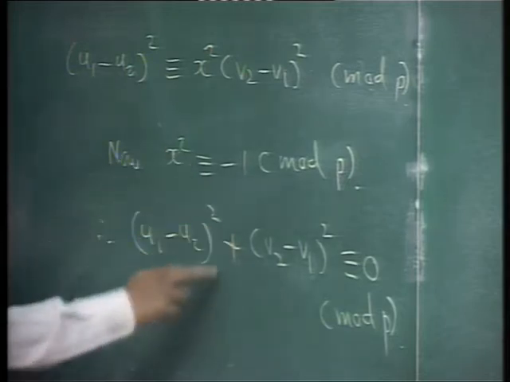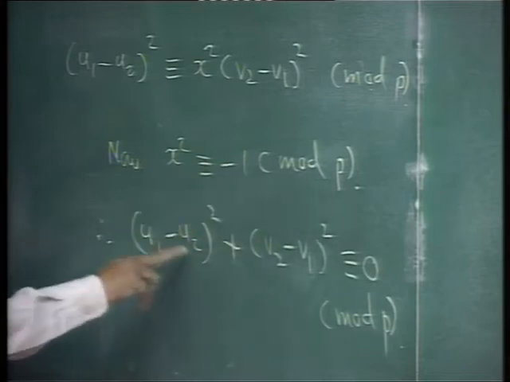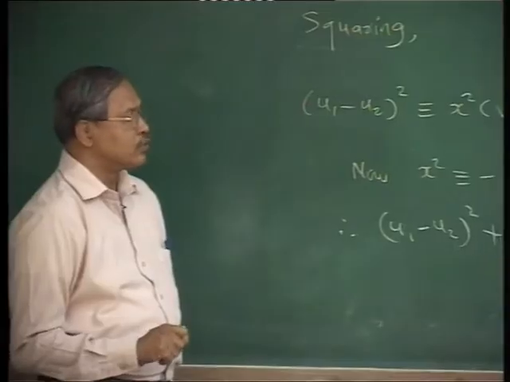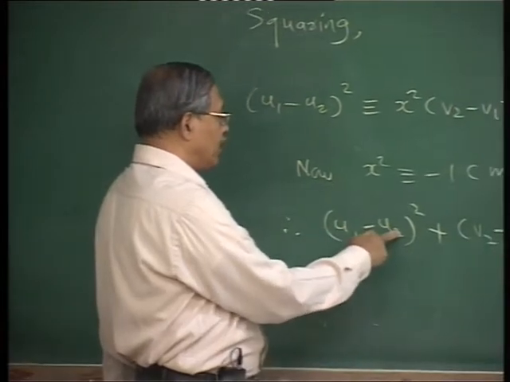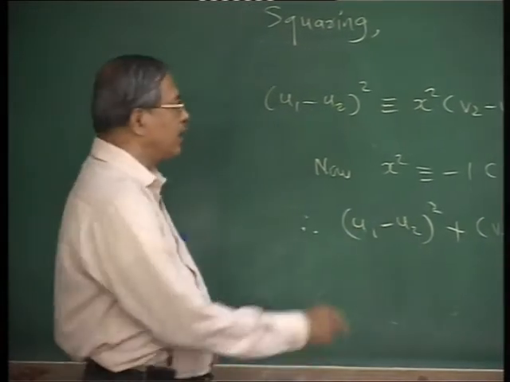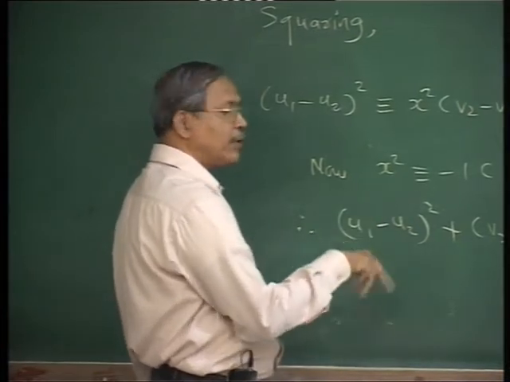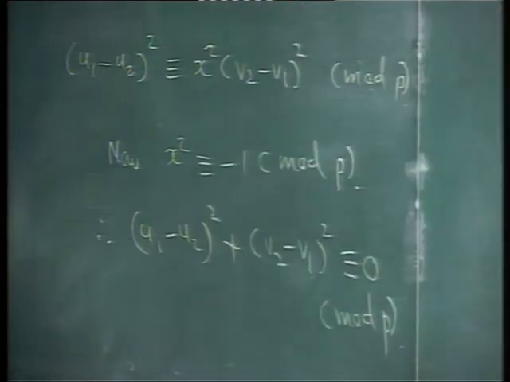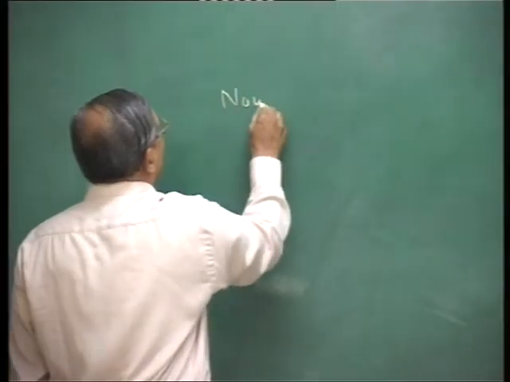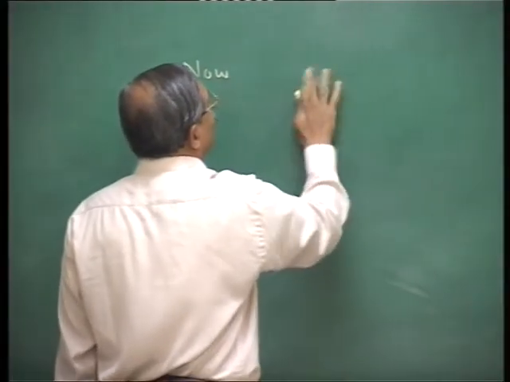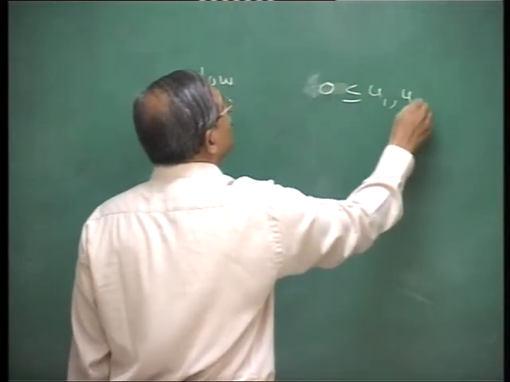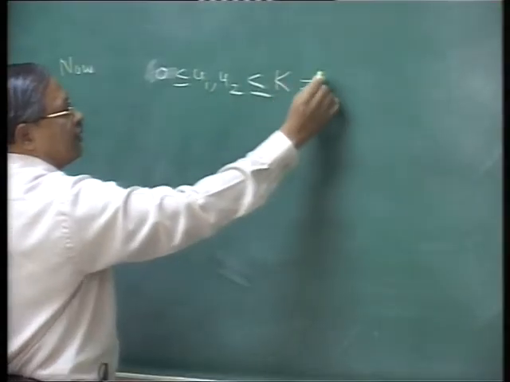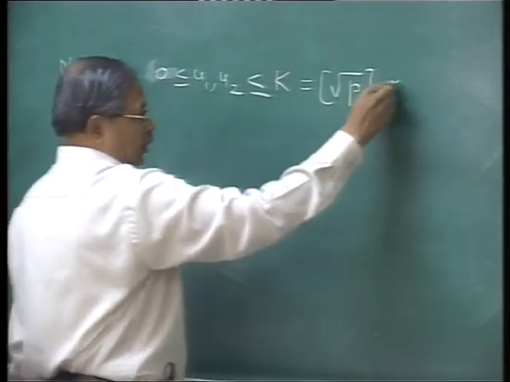Now, what can you say about these quantities? u1 and u2 are numbers between 0 and capital K. So the absolute difference between them is less than or equal to K, where K is the integral part of root p, which is less than p.